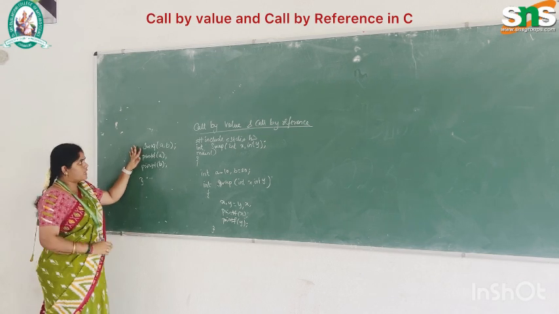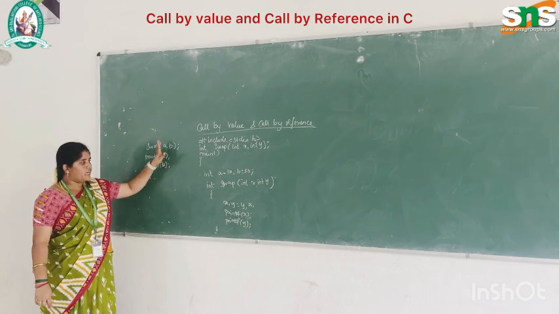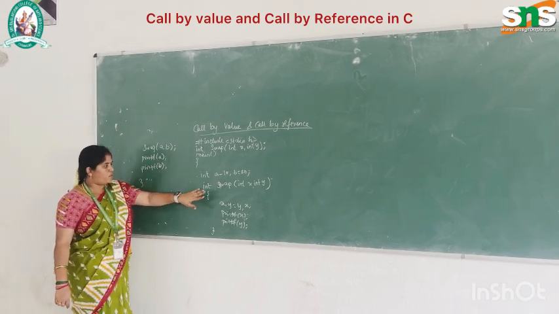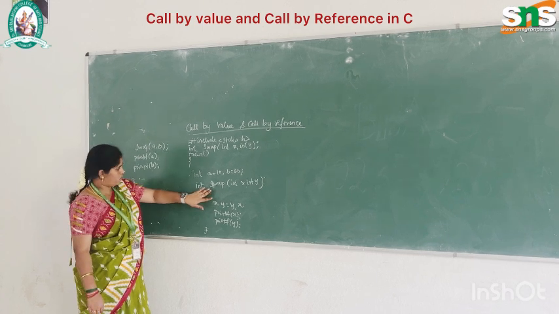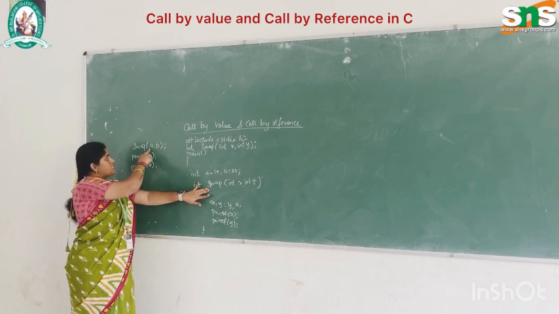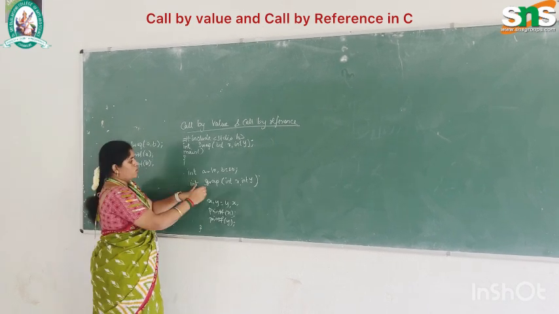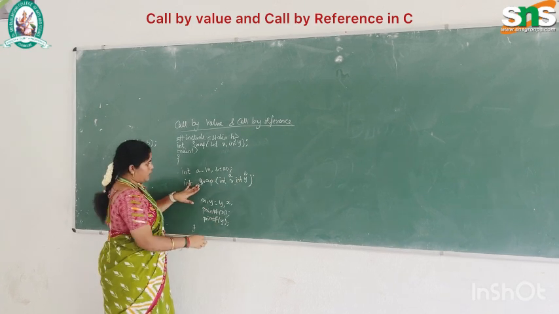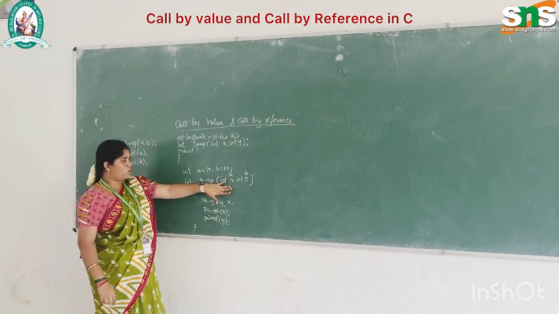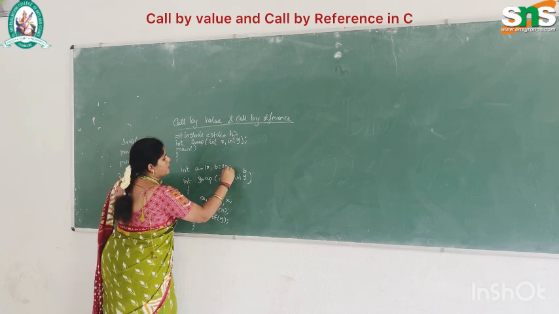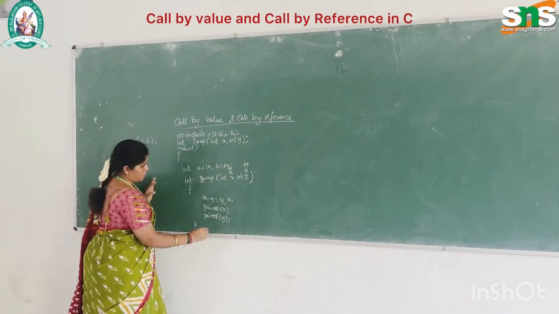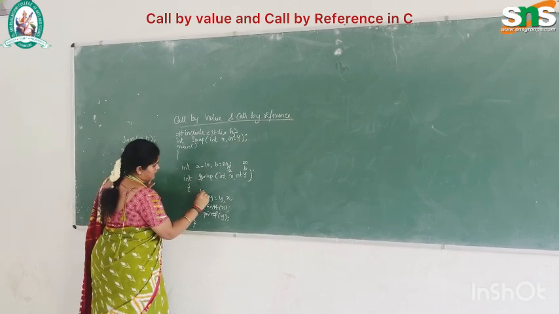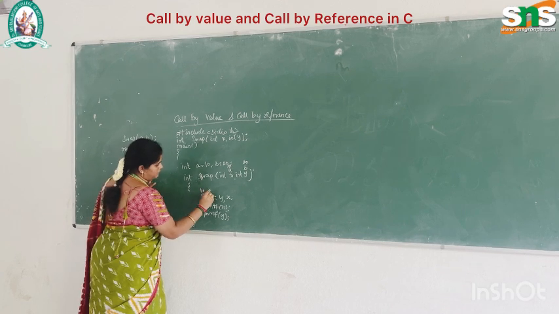Here this line comes: swap a comma b. It searches the program for where the swap function is present. It is present here, so I am passing the variables a comma b. Here x is replaced with a and y is replaced with b. The variables a and b contain the values 10 and 20, so x is replaced with 10 and y is replaced with 20.